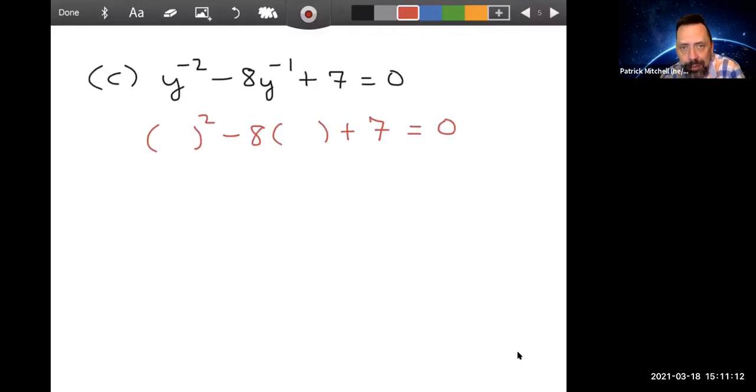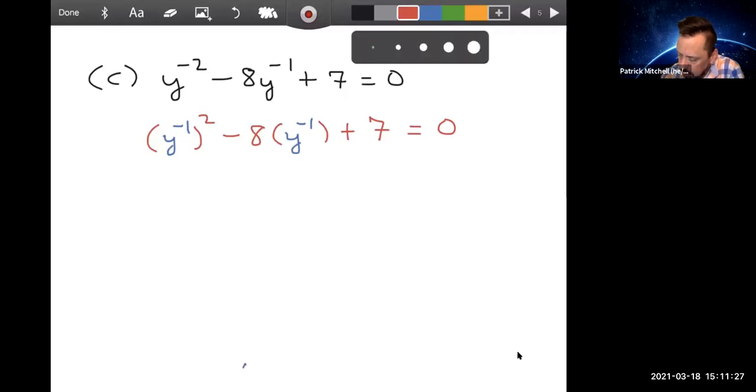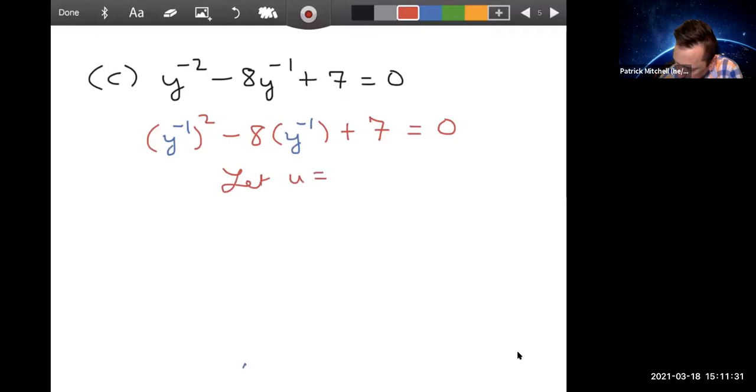If not, you should definitely try that now. So what's going to fill in this blank is y to the negative 1. All right, so my substitution will be let u equal y to the negative 1.